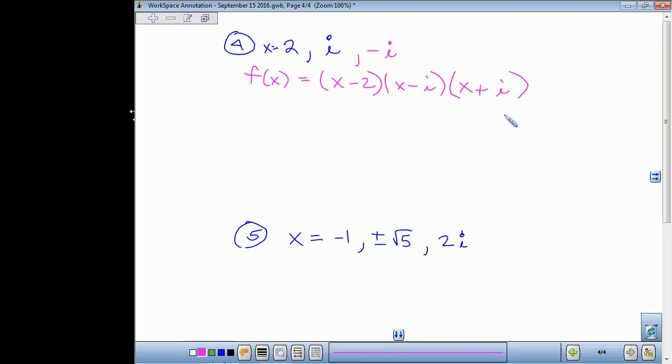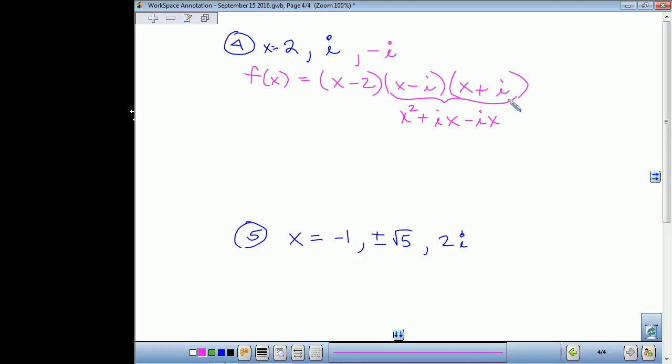I said you can only multiply 2 at a time, and we want to start with the ones that are similar. When we have conjugates, we always start with those, because nice things happen when you multiply conjugates. So x times x gives us an x squared. x times i is ix. x times negative i is negative ix.